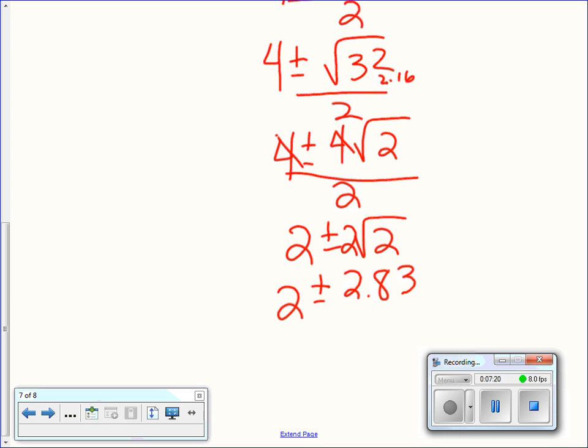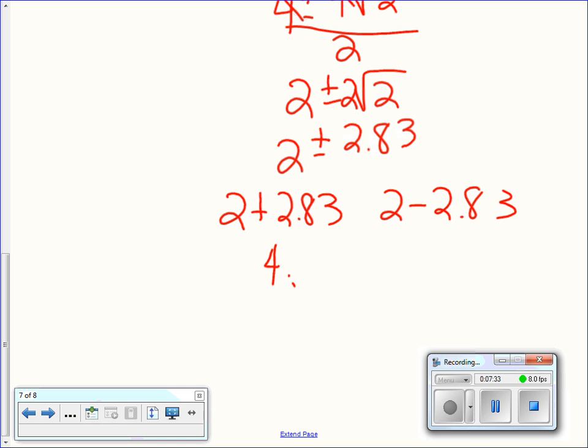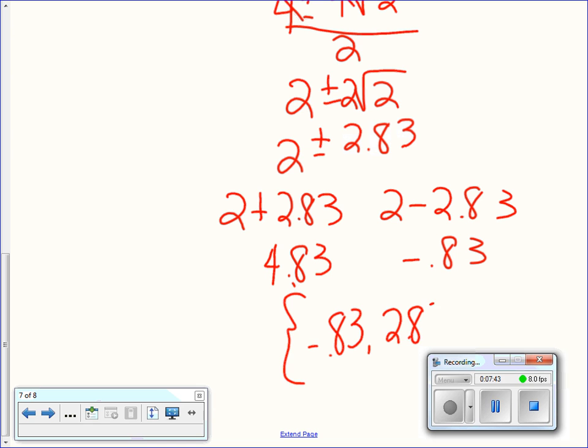So then we take 2 plus 2.83 and 2 minus 2.83. And I get 4.83 for this one and -0.83 for this one. So my solution is -0.83 and 2.83. No, 4.83.